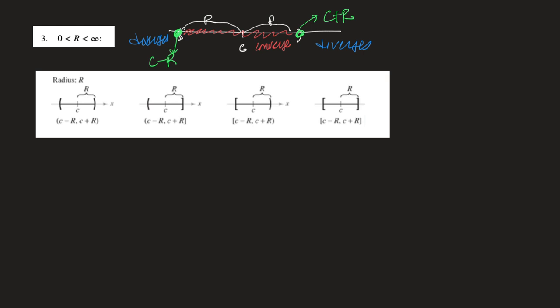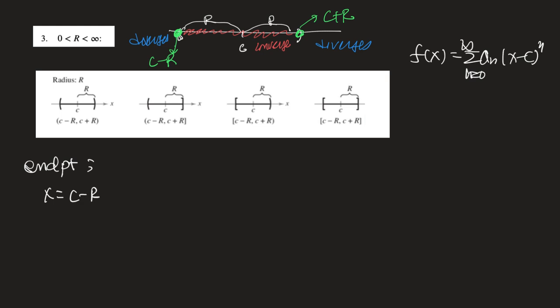So now what you have to do is check the endpoints. What are the endpoints here? C minus R and C plus R. The power series looks like this: f of x equals the summation of an times x minus c to the n. So we have to check the two endpoints: x equals c minus r and x equals c plus r.